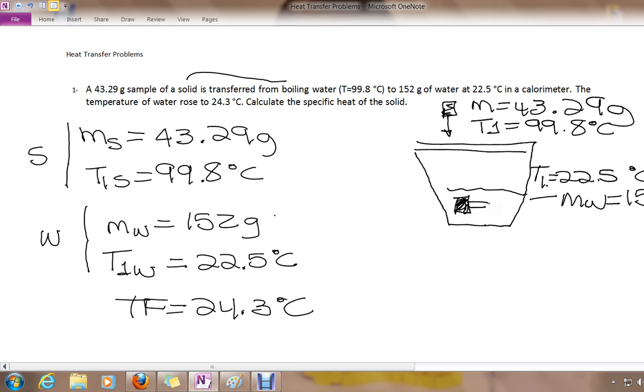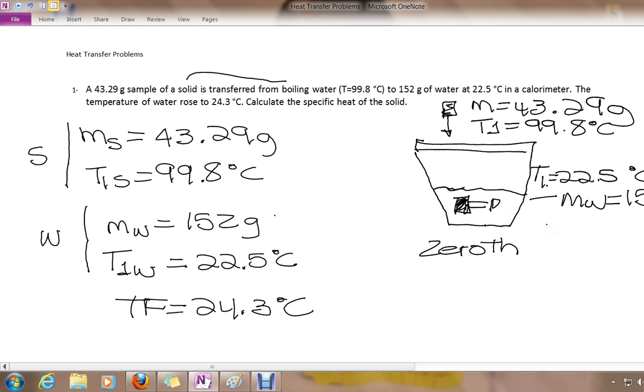Now, if you put this solid at a higher temperature in, there's going to be a flow of heat until they reach an equilibrium. That is called the zeroth law of thermodynamics. It means that in an isolated system, the heat from one part of the system, which is the solid, is going to be transferred to the other part of the system, which is the water, until they reach thermal equilibrium.